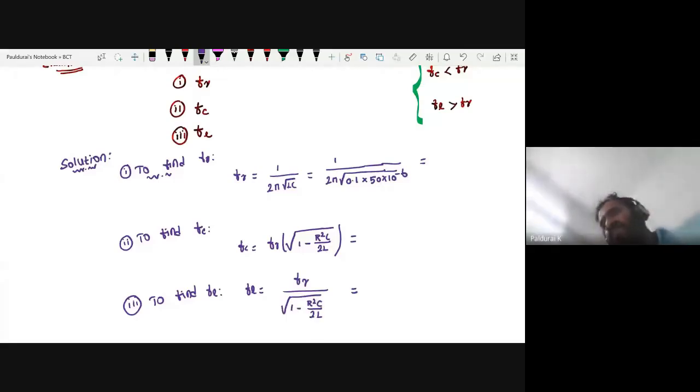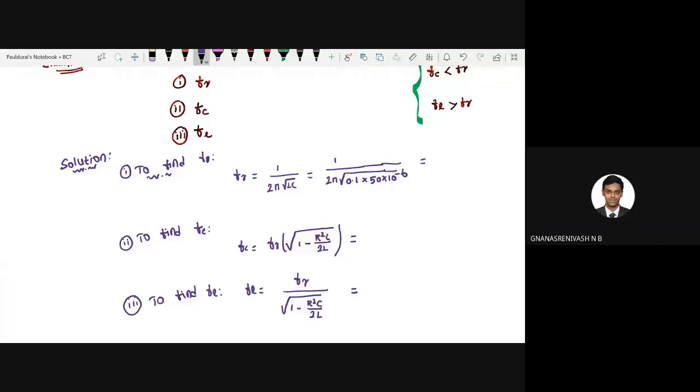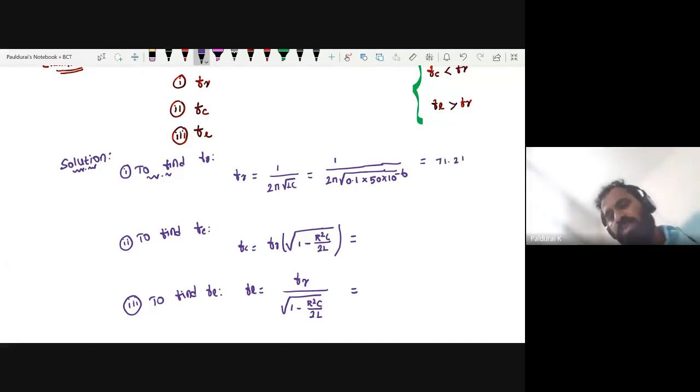What is our resonance frequency? Where is my calculator? 71.2 hertz. Thank you. So now this is 71.2 times square root of 1 minus R squared, 100, times C, 50 micro, divided by 2L, 2 times 0.1.